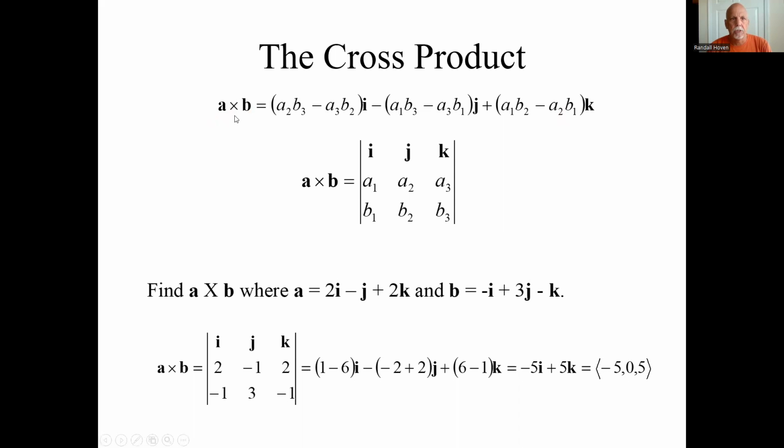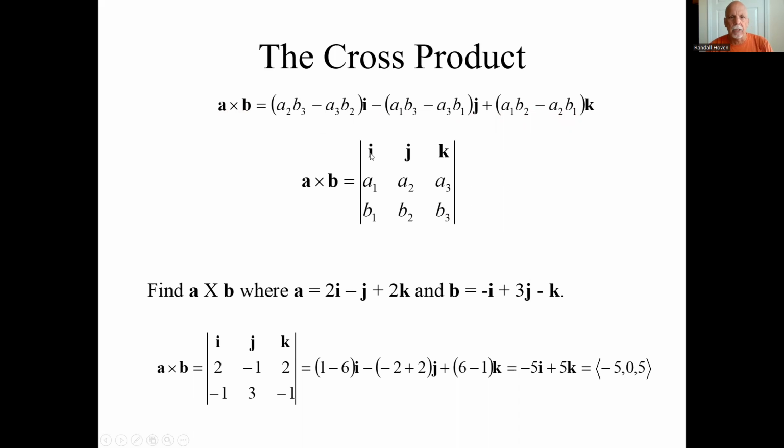Here's its notation, A cross B. It means this, where these are the components of the two vectors. This is the hard way to think about it. The way we think about it usually is taking this determinant, now that we've had matrices.